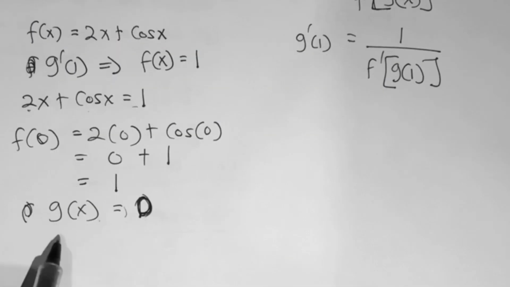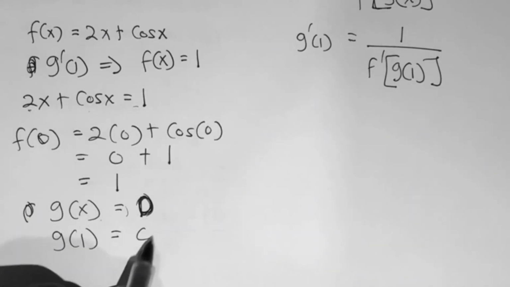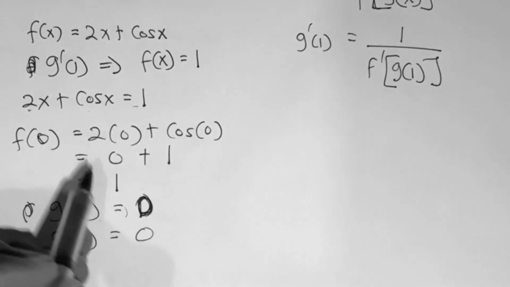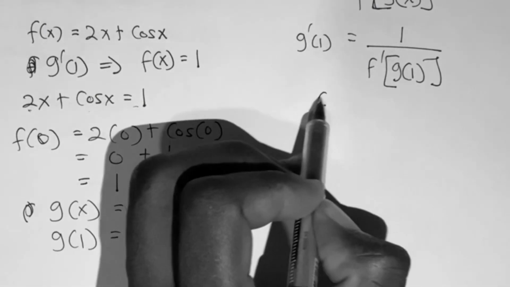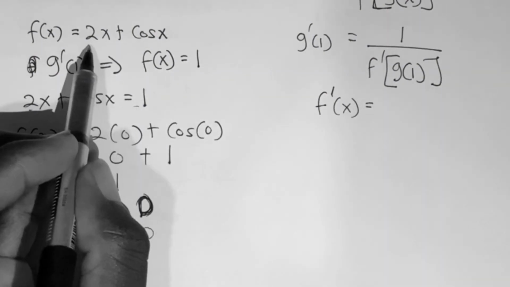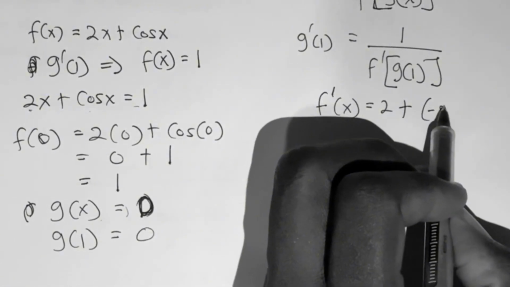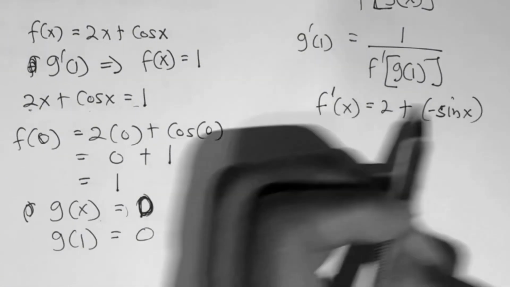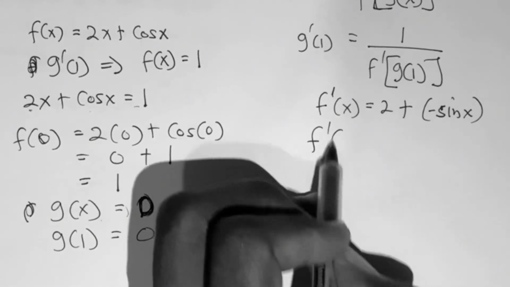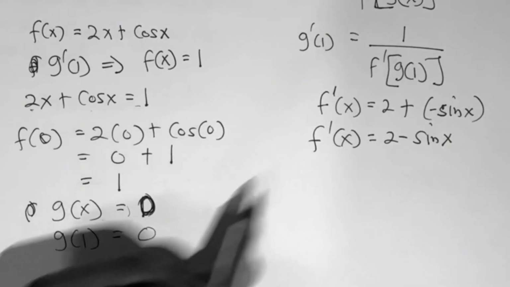We know that g of 1 is equal to 0. So now let's find f prime of x. If you differentiate 2x, you get 2 plus. If you differentiate cos x, you get minus sine x. So f prime of x is equal to 2 minus sine x.